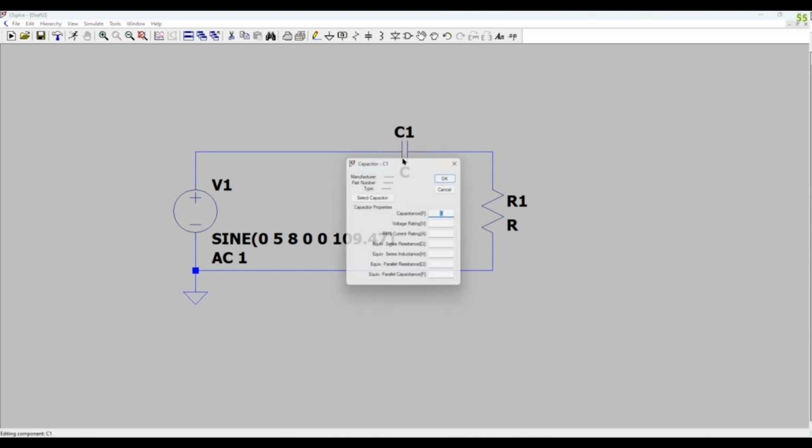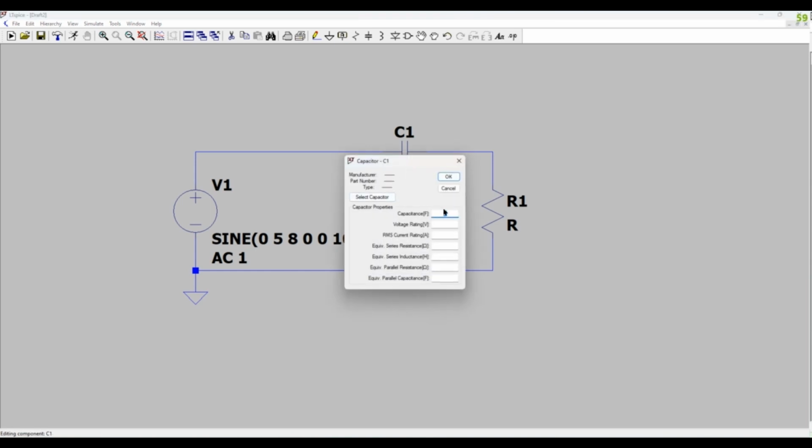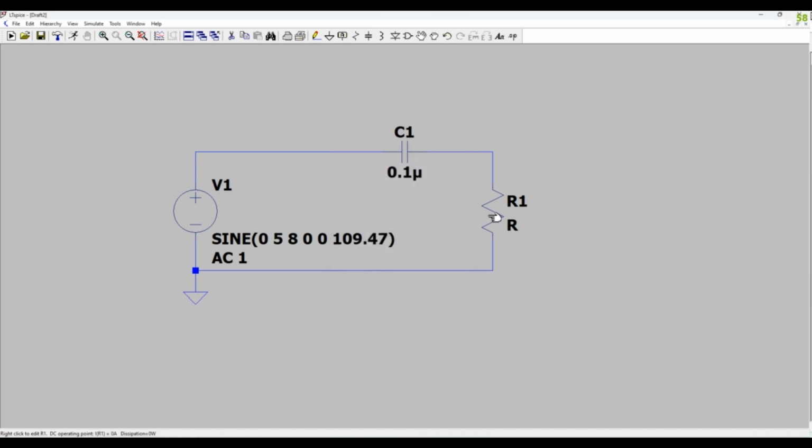For our capacitor, we assume before, which is 0.1 micro, and from the calculation we got 149.2K for the resistor.